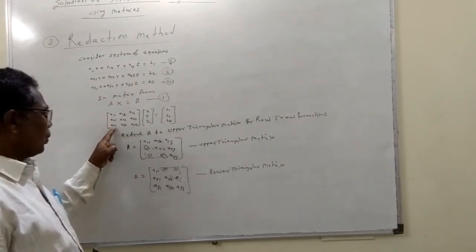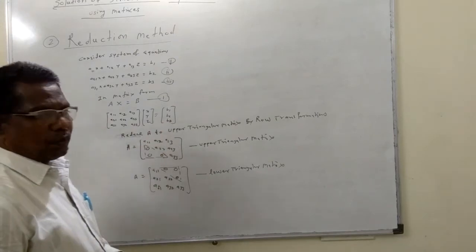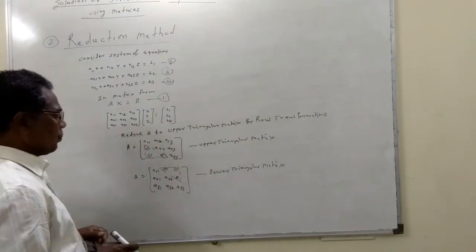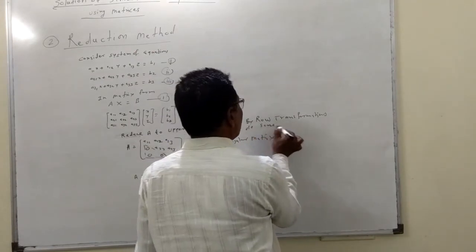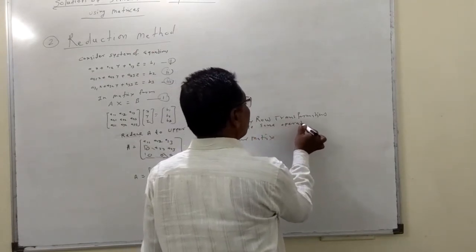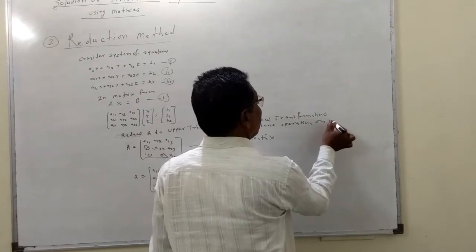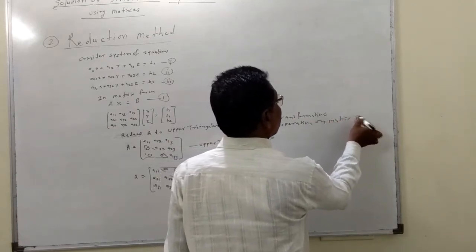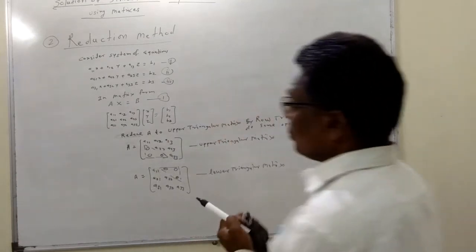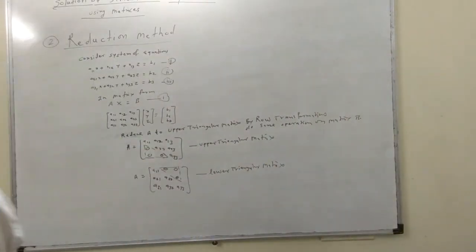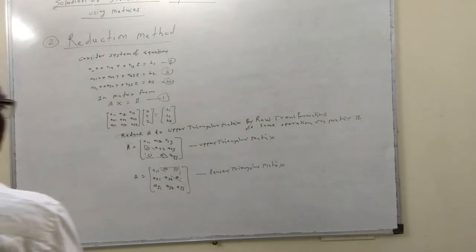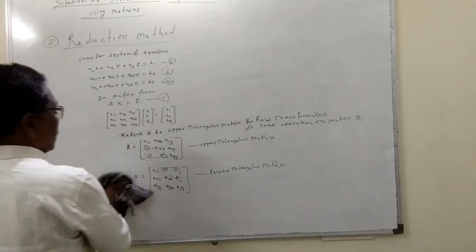Whatever operation we are doing on A, you do the same operation on this matrix B. Now we will understand with an example how we solve a system of equations by the reduction method.